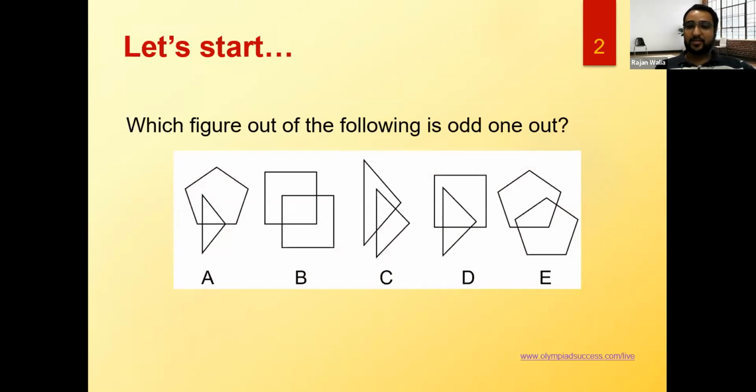You need to give a reason why the correct option is A, B, C, D, or E. Anyone? A and D, with a question mark. Okay, Tisha, can you give the reasoning also? Why A and D?